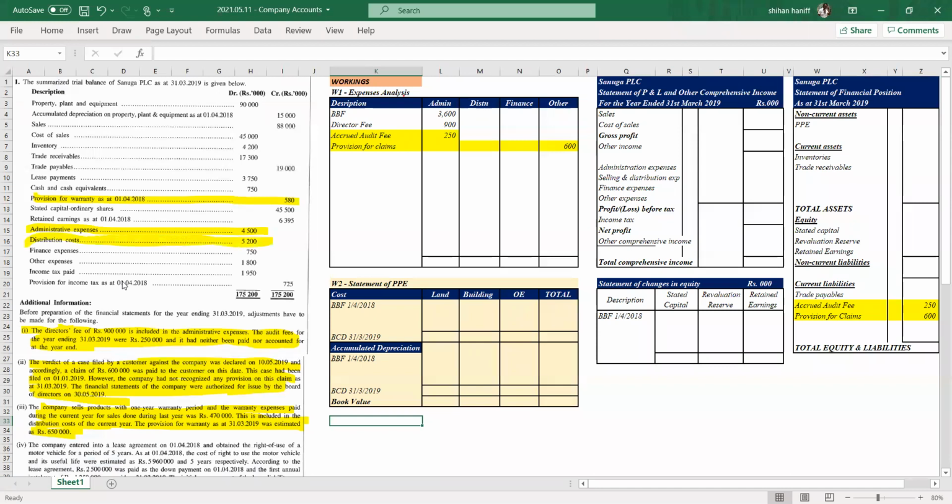This distribution cost has this 5,200, which includes the 470 payment.